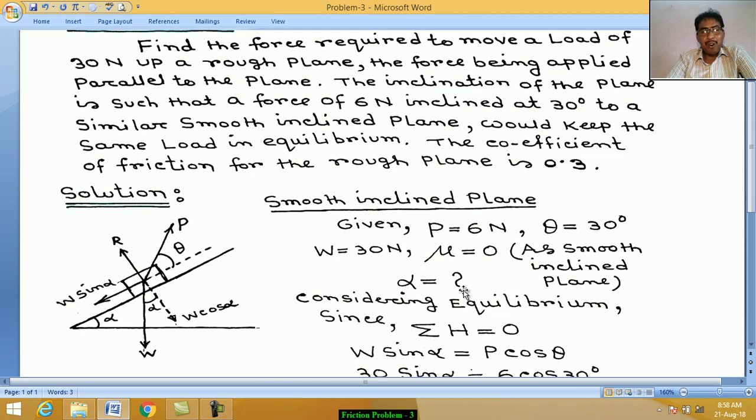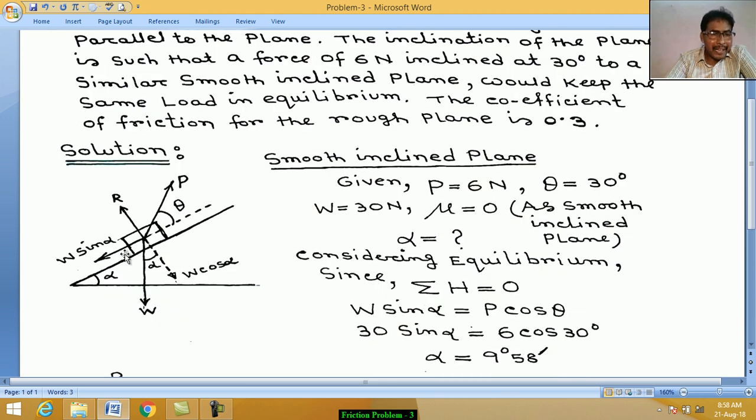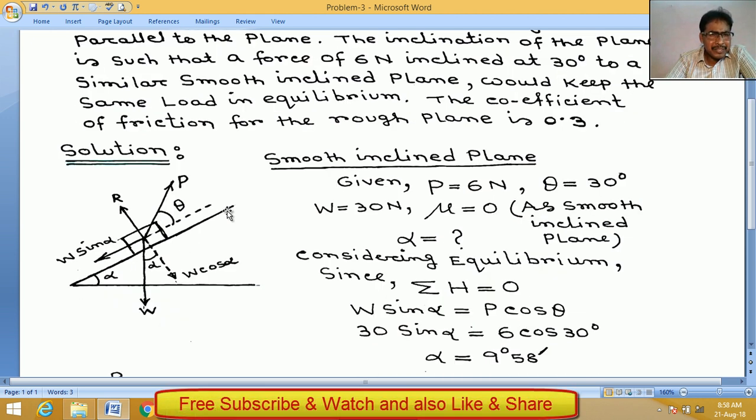Alpha is same for smooth inclined plane and rough inclined plane. From case 2, when the plane is smooth, we find out alpha. Here this is smooth inclined plane, mu equal to 0.